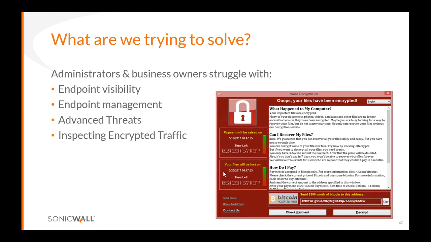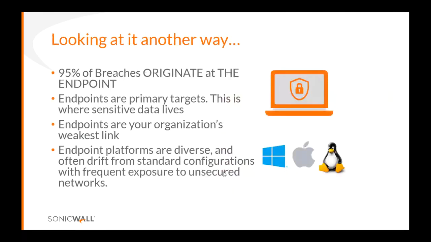So these are the main challenges: endpoint visibility, management, advanced threats, and inspecting encrypted traffic. How we are going to solve these challenges, we are going to see one by one.